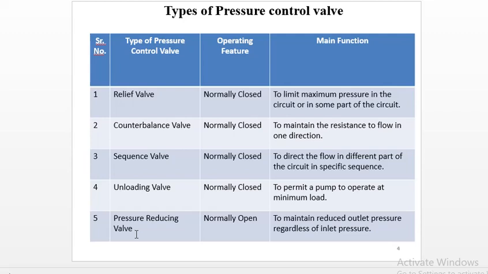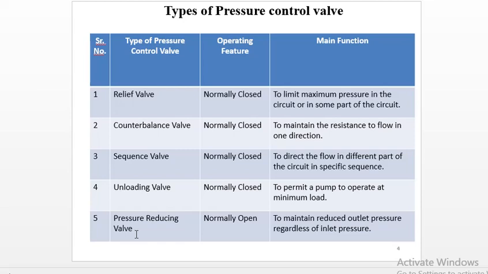The pressure relief valve is normally closed. Its main function is to limit the maximum pressure in a circuit or in some part of the circuit. The counterbalance valve maintains resistance to flow in one direction only. We'll see these valves in detail in the next slides.